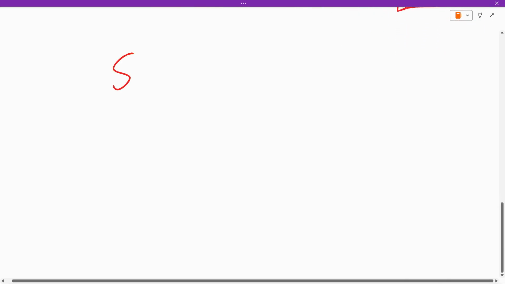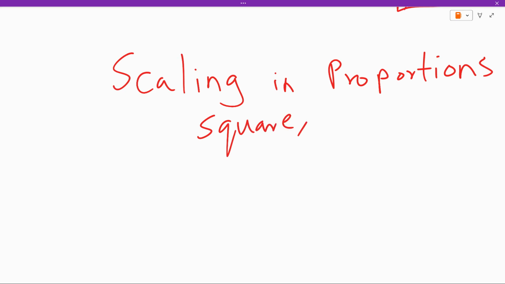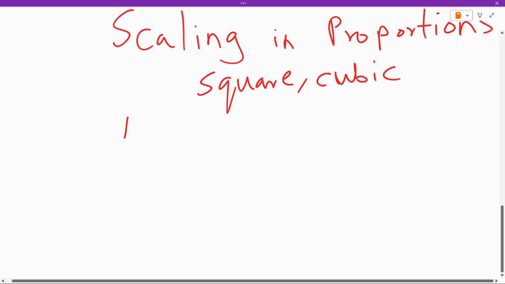Now, let's talk about scaling in proportions, specifically square and cubic relationships. The first one we'll consider is linear scaling.